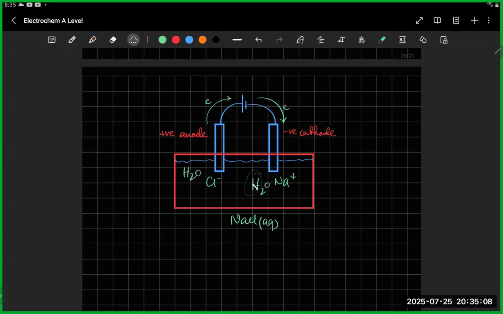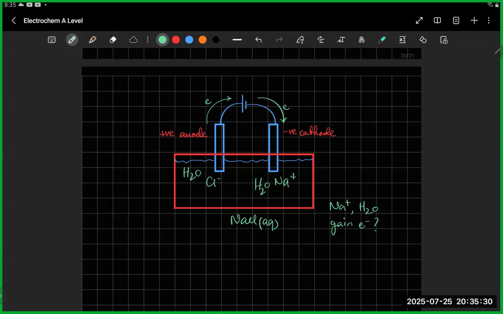So I've got water on both sides. So who gains electrons? Is it Na+ or is it going to be H2O that gains electrons? So we're going to just do all our working on the data booklet.